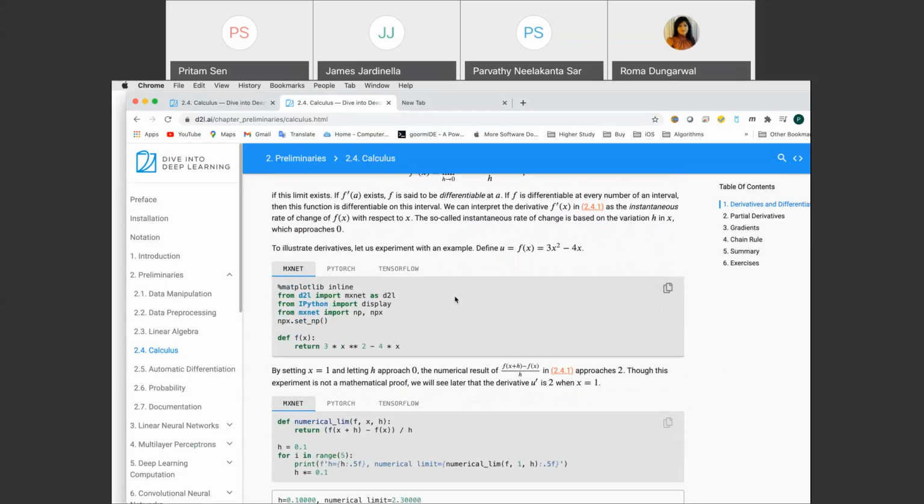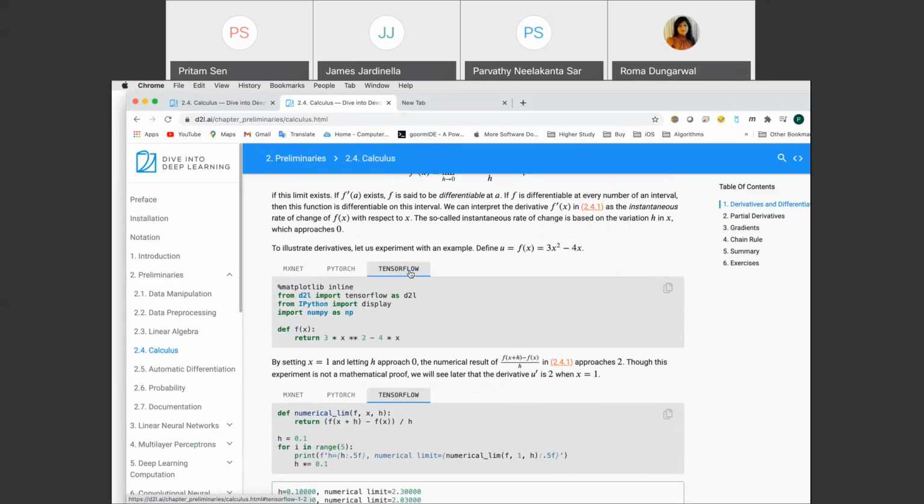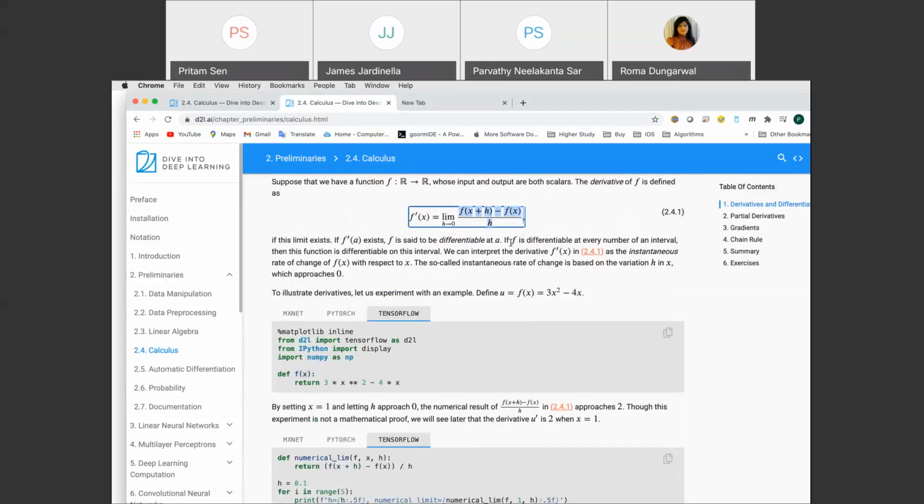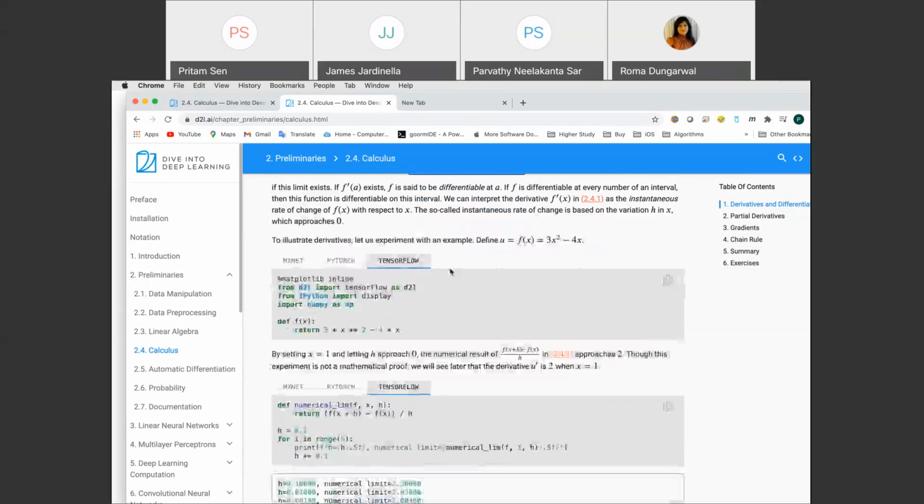And here different kinds of code are shown using different libraries. For example, using TensorFlow, we can calculate the derivatives. For example, for this function 3x squared minus 4x, we can define the function and apply this rule. And for a small value of h, we can calculate the values of f prime x, the derivatives.